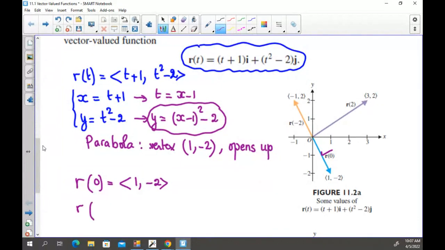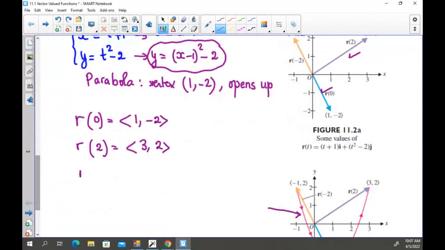Let's do 2 also. So r(2) will be the vector (3, 2). Sorry, 3 squared is 9 minus 2. So what is it? 2 squared minus 2, which is 2. And that is the vector you see here. 3 along the x-axis and 2 along the y-axis. So you get the vector over there. I think they also did r(minus 2).